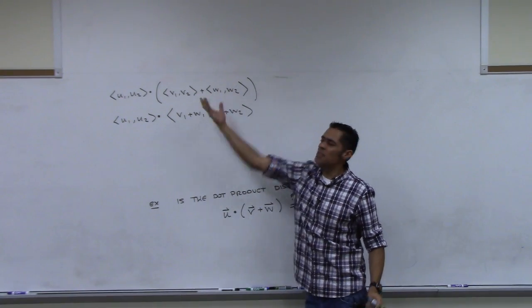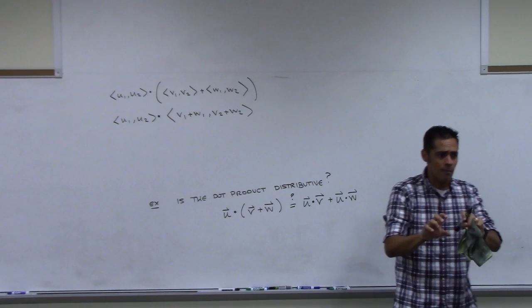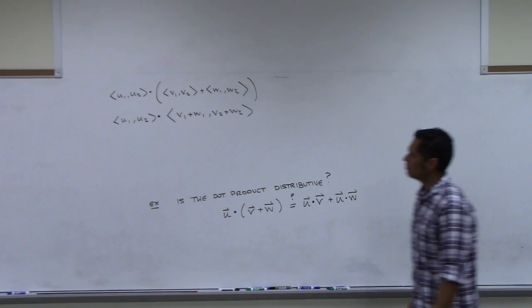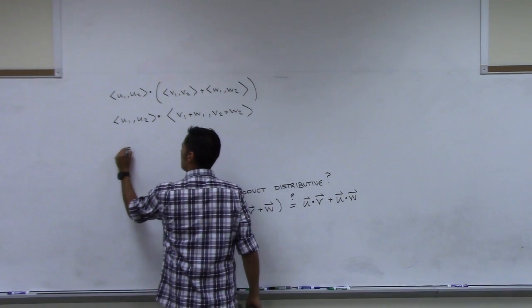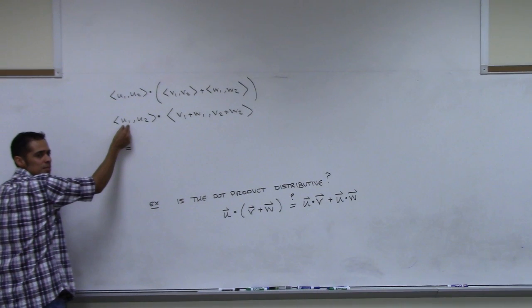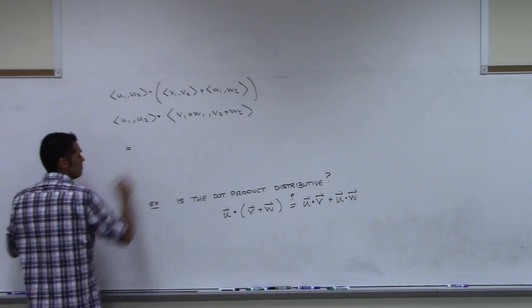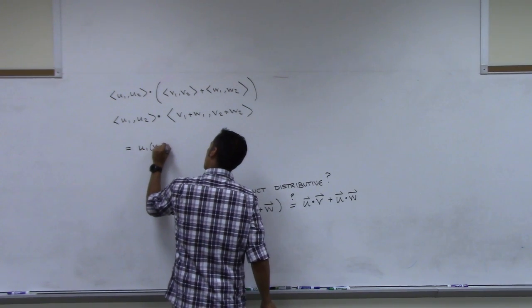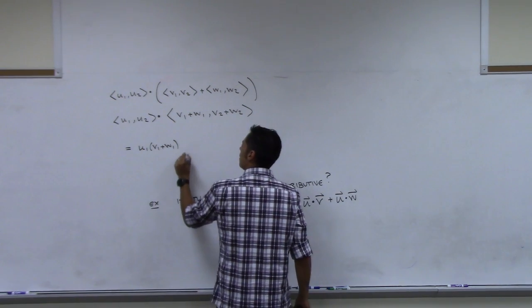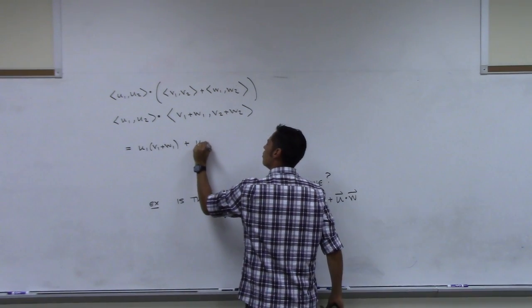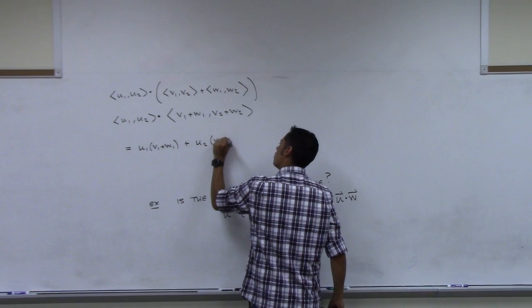I don't need the parentheses anymore because two vectors have become one. Now dot those vectors together. So how do you dot these together? This times this, right? That's going to look like this. U1 times V1 plus W1, and then plus this times this, which is going to be U2 times V2 plus W2.